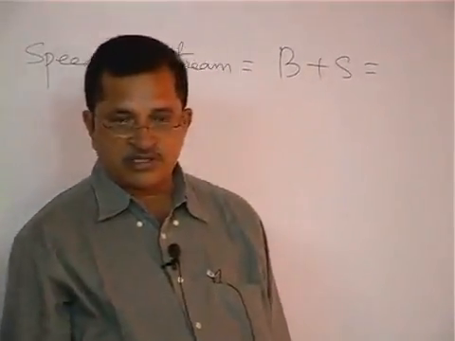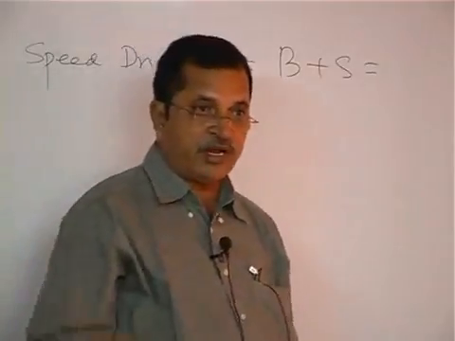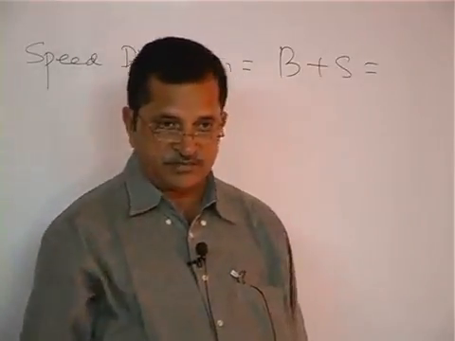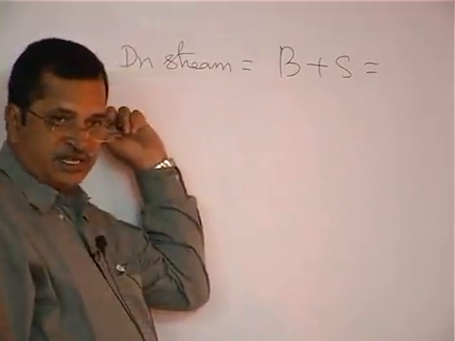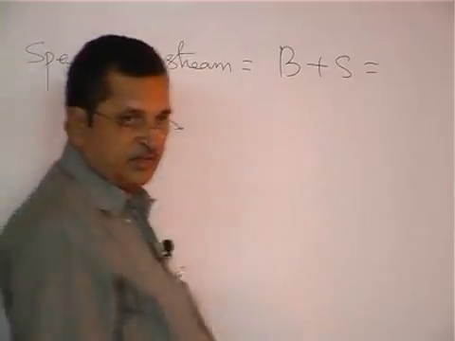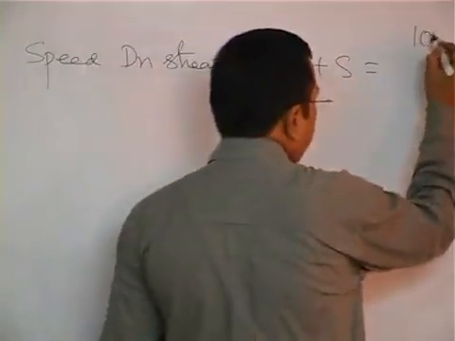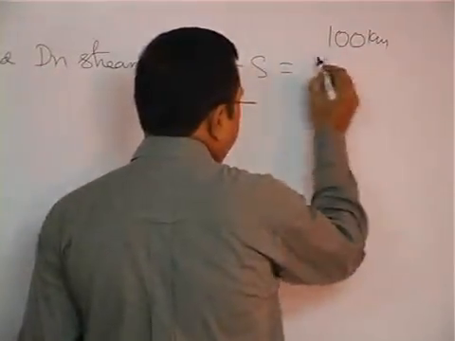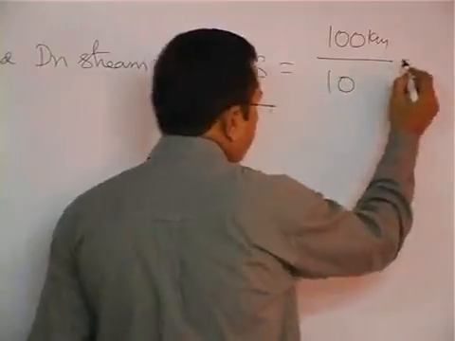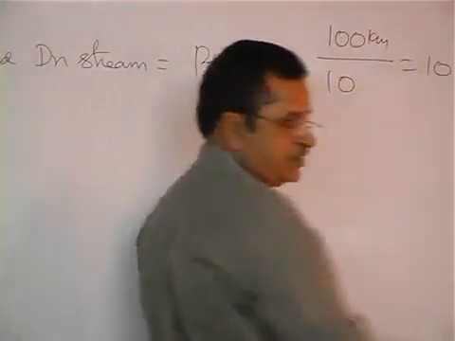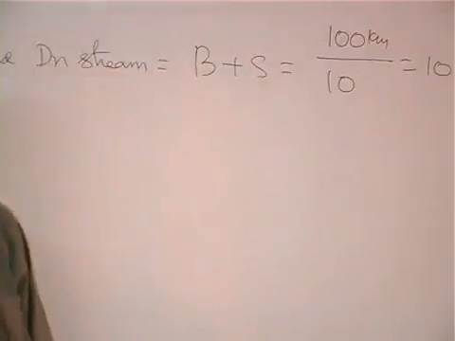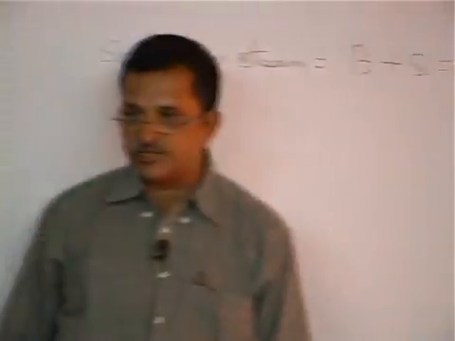A boat goes 100 kilometers downstream in 10 hours. Speed means distance by time, is it not? So 100 kilometers distance in 10 hours. So 100 by 10 means 10 kmph. 10 kmph is the speed downstream.